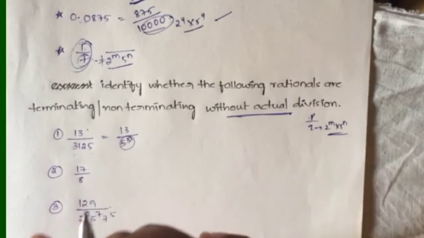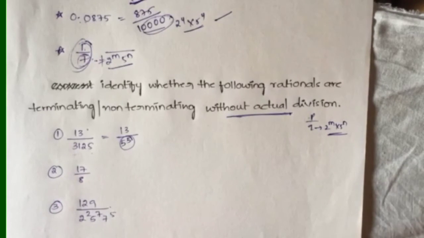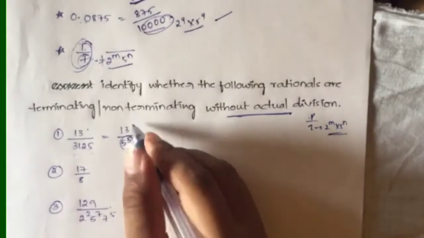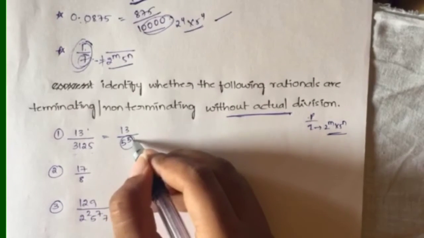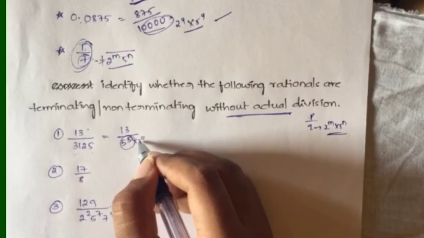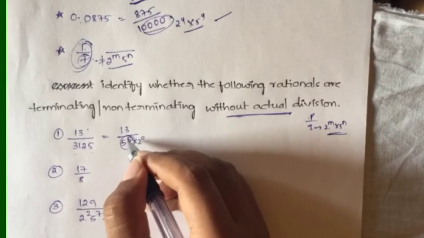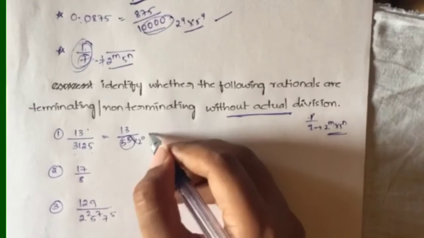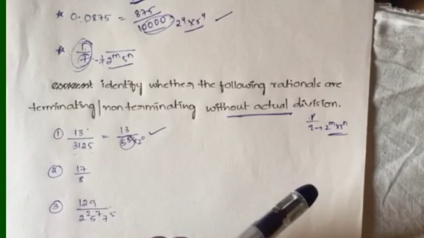It can be anything. But at least one thing should be there and other numbers should not be there in the denominator. So we have 5 power 5. Here you can simply write it as 2 power 0. 2 power 0 is 1, and even if you multiply 1 with this 5 power 5, it will not change. So it is in the form of 2 power m into 5 power n. So it is a terminating decimal, you can easily say.